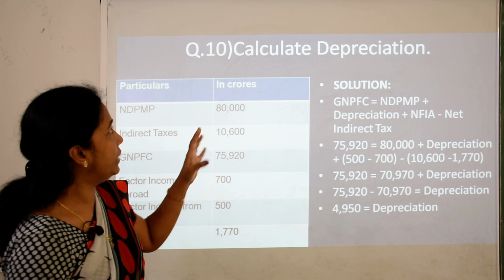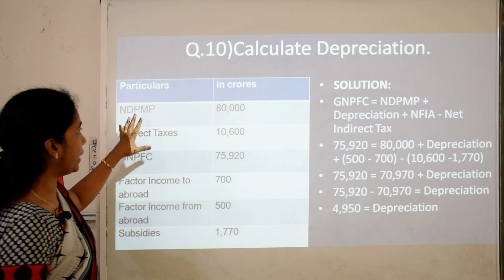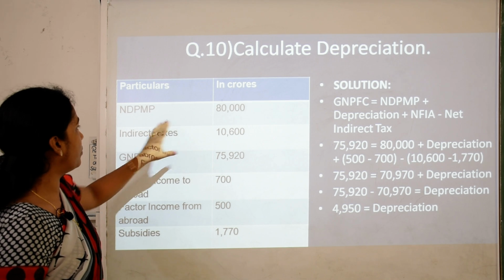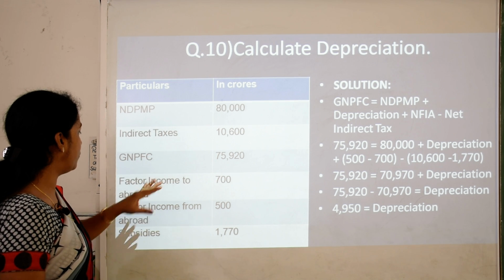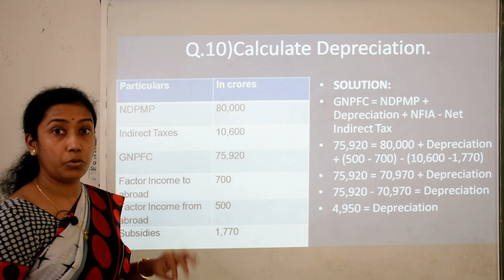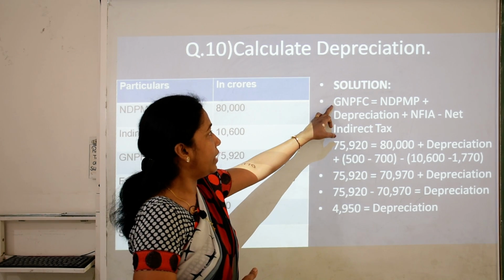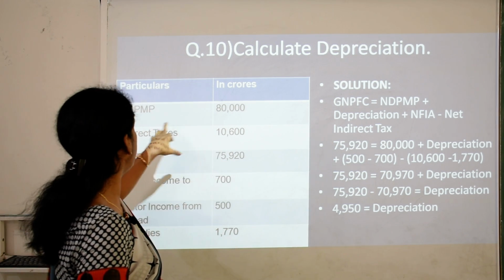Now 10th question, here you need to calculate depreciation. Okay, only depreciation. Again everything is given here, NDP at market price, indirect tax, GNP at factor cost, factor income to abroad, from abroad, and subsidies. Now here you need to calculate depreciation. So same thing will come again, that we have this GNP at factor cost.